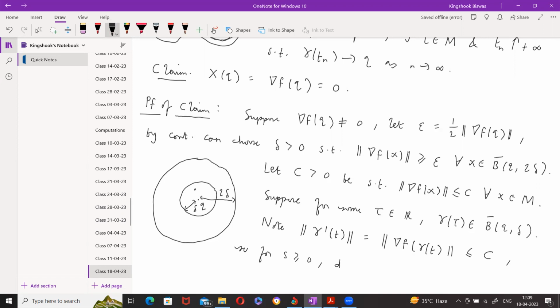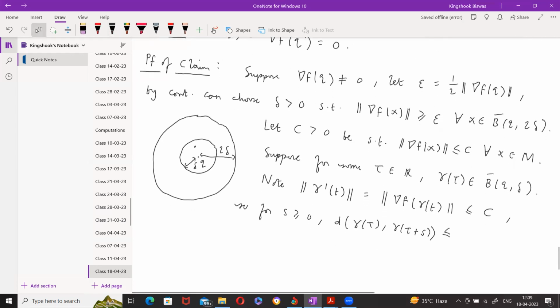So the distance between gamma of tau and gamma of tau plus s is less than or equal to the integral from tau to tau plus s of the norm of gamma prime t dt.